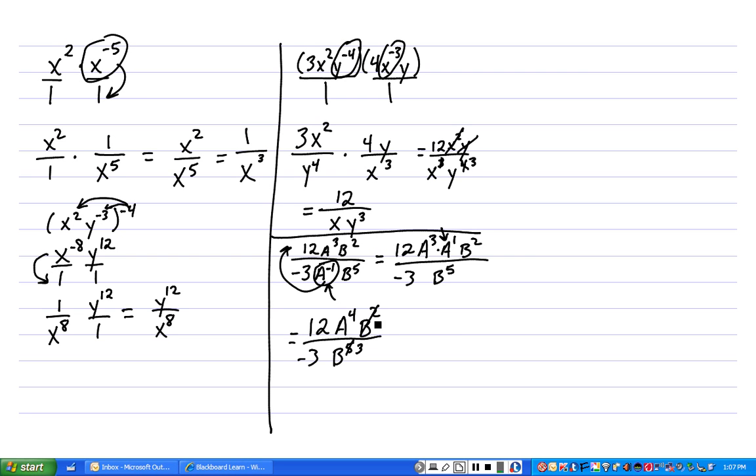Alright, so now I have 12 over negative 3 a to the fourth b to the third, and I deal with my 12 over negative 3, which gives me a negative 4, and I keep my a to the fourth in the numerator, my b to the third in the denominator, and there's your answer. Alright, so negative 4a to the fourth over b to the third.